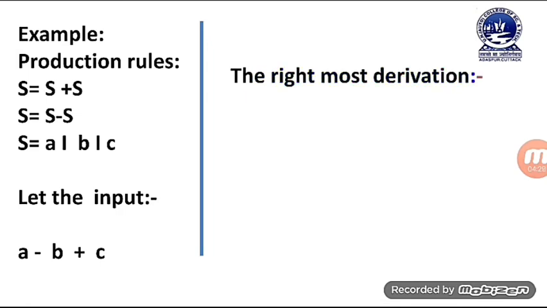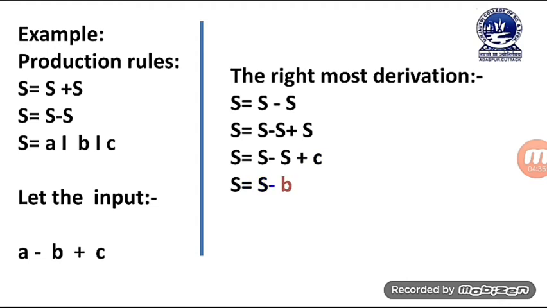When we implement rightmost derivation, the first production rule I have used here is S equals S minus S. Then the second production rule I have used here is S equals S plus S. So at the second step of rightmost derivation, the output is S minus S plus S. And at the third step, I have replaced S with c.